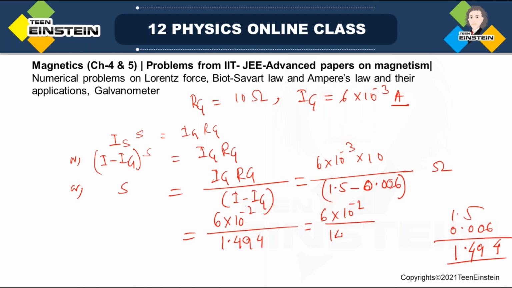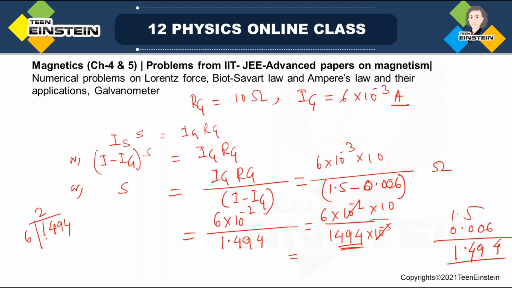Let me just make it a round figure and write 10 to the power minus 3. So 10 to the power minus 3, 10 to the power minus 2, here 110 will be multiplied. Okay. Now look, if I just do this division with 6, I hope it may go.